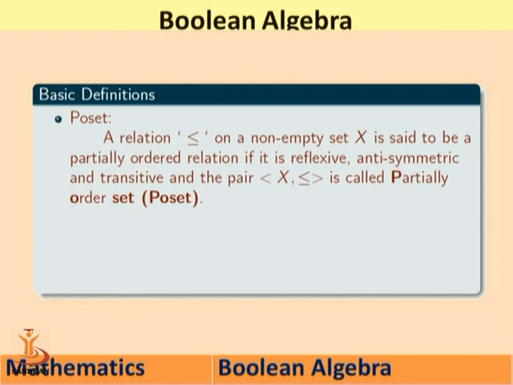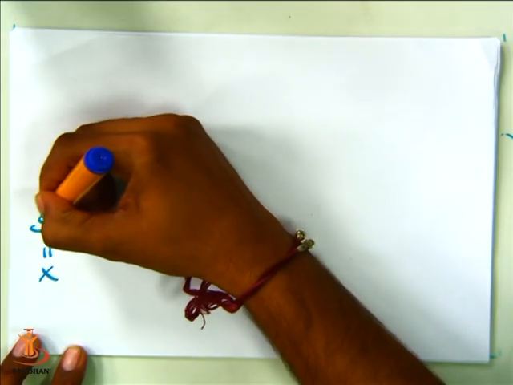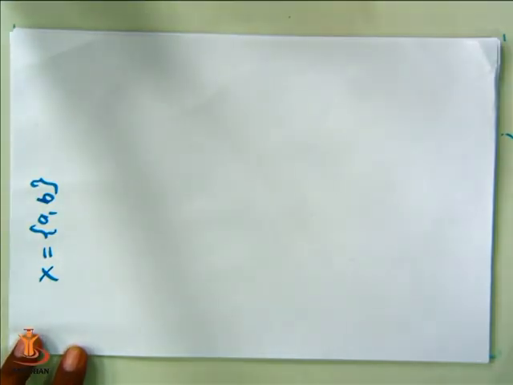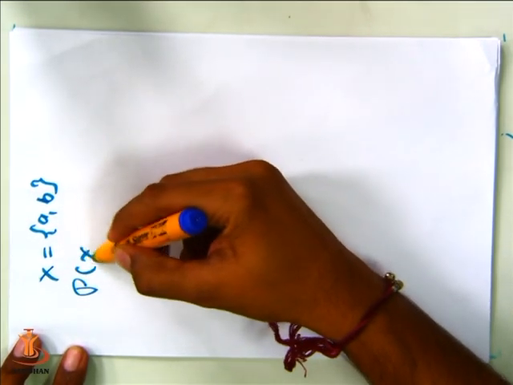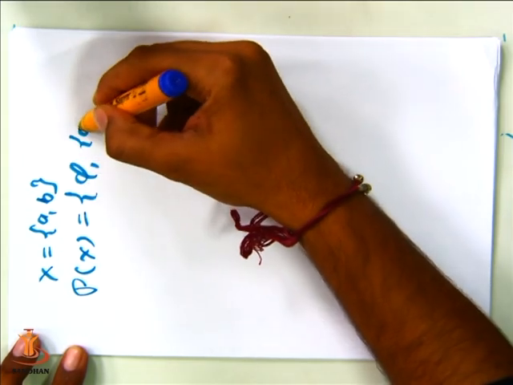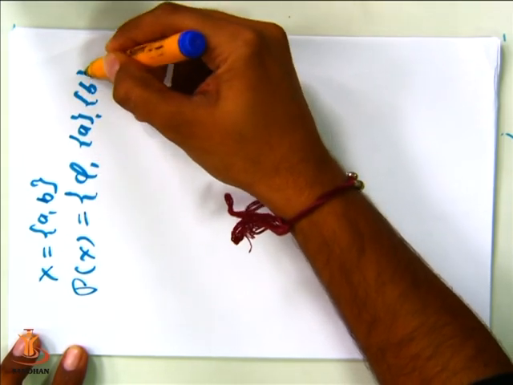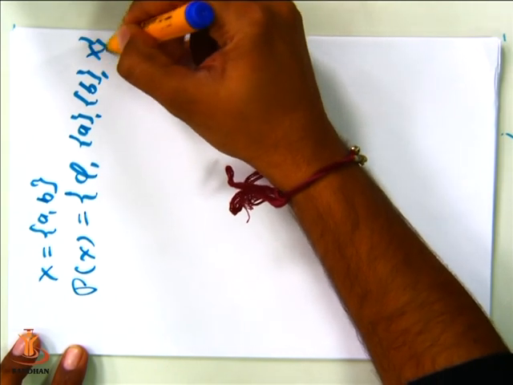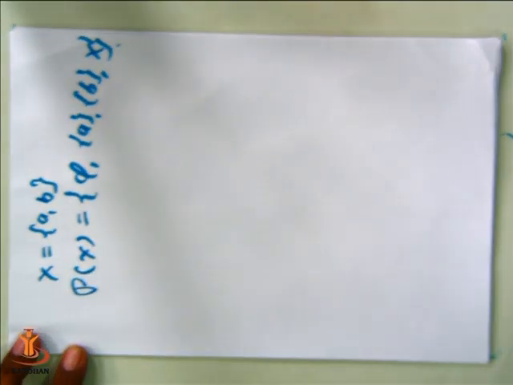Let us take an example. Suppose we have X equals to A and B. Now for that X, the power set of X is equals to the empty set, singleton set A, singleton set B and set X itself. So here we have the power set of X with four elements: empty set, singleton set A, singleton set B and X itself.